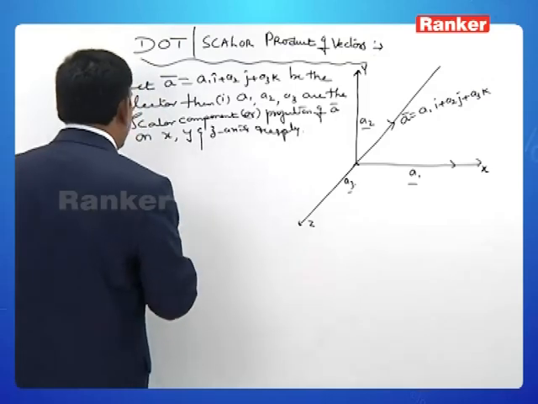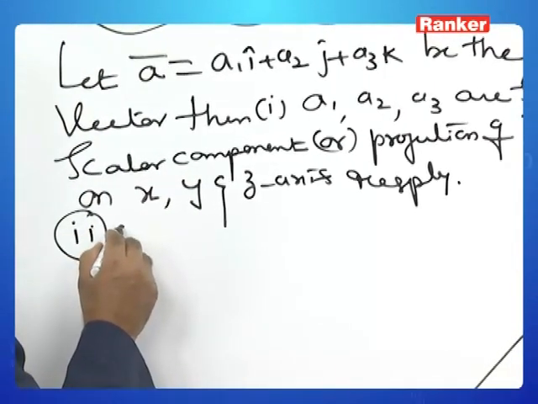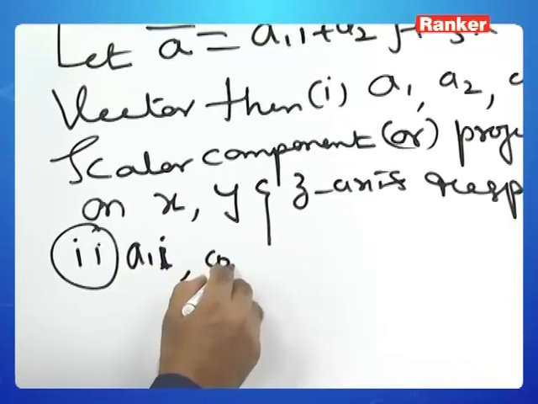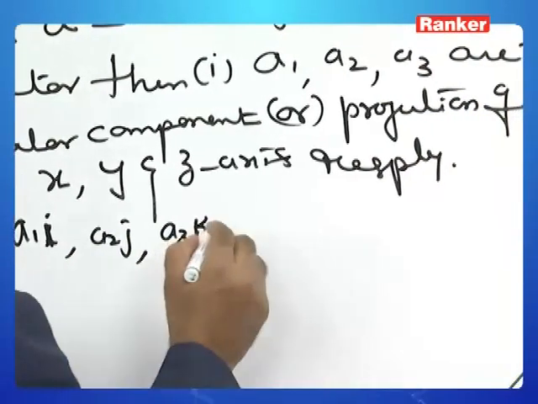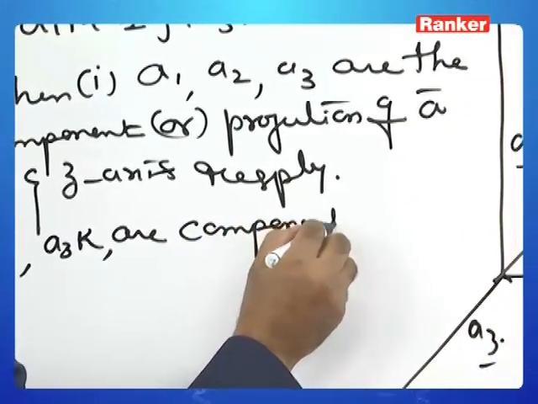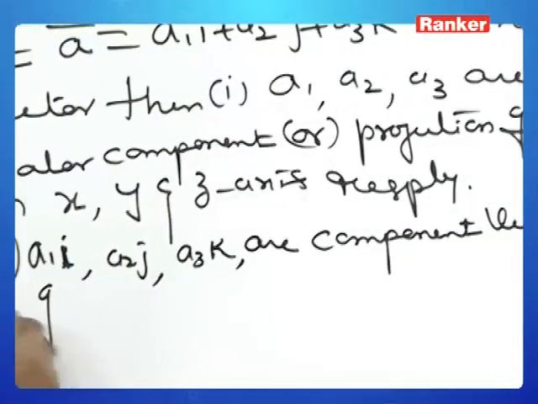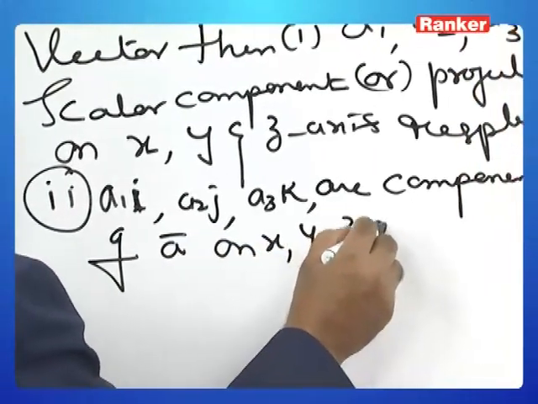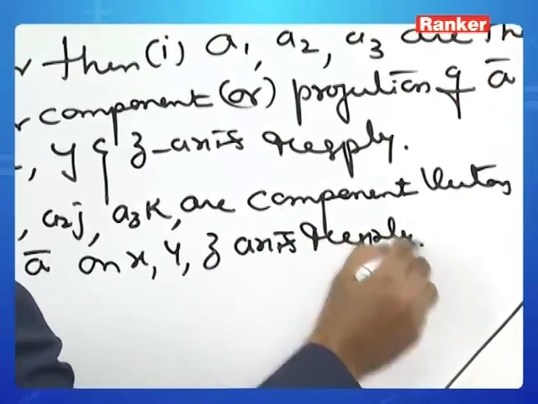Then the second one is A1i, A2j, A3k are the component vectors of A bar on the x, y, z axis respectively.